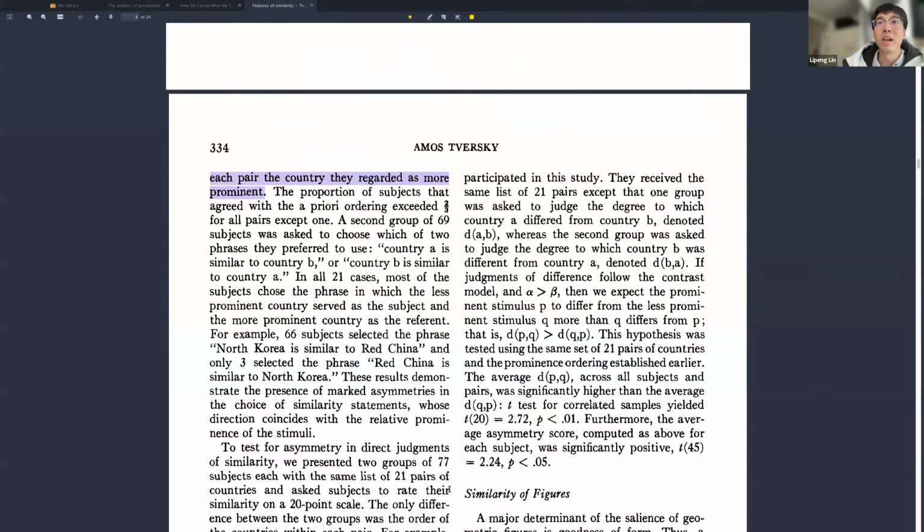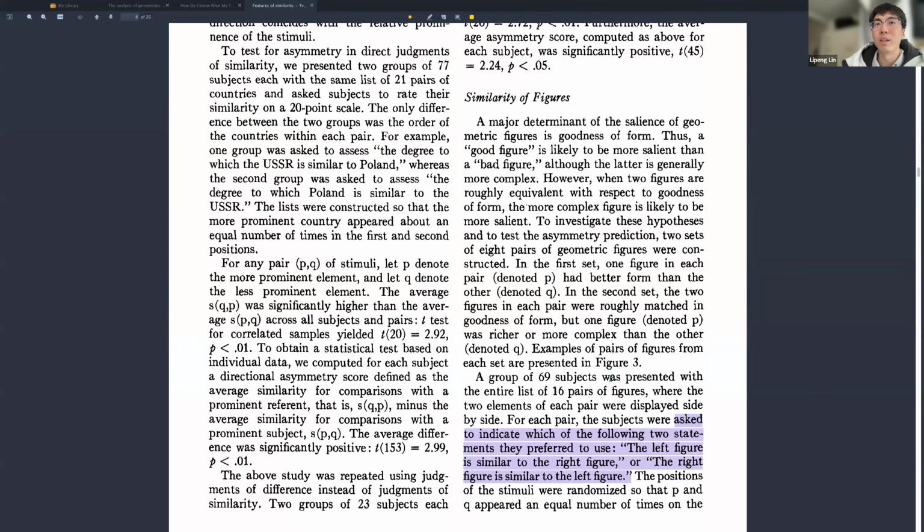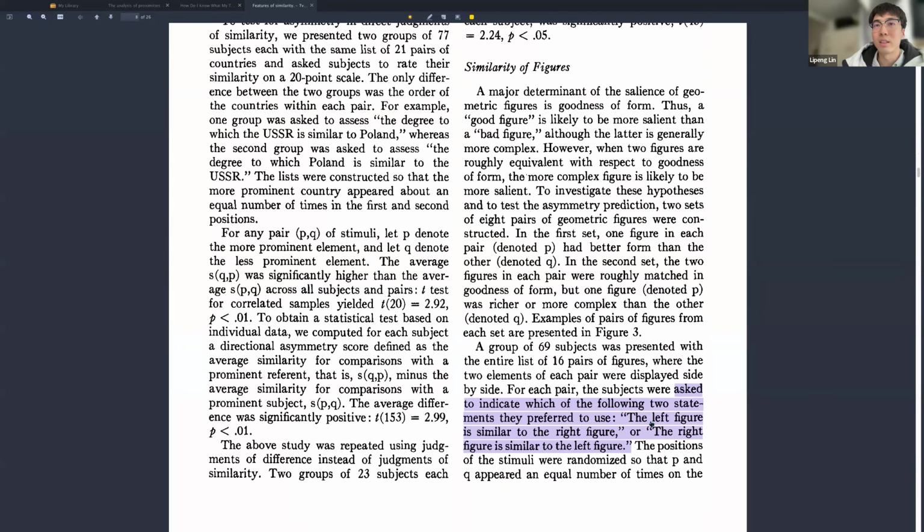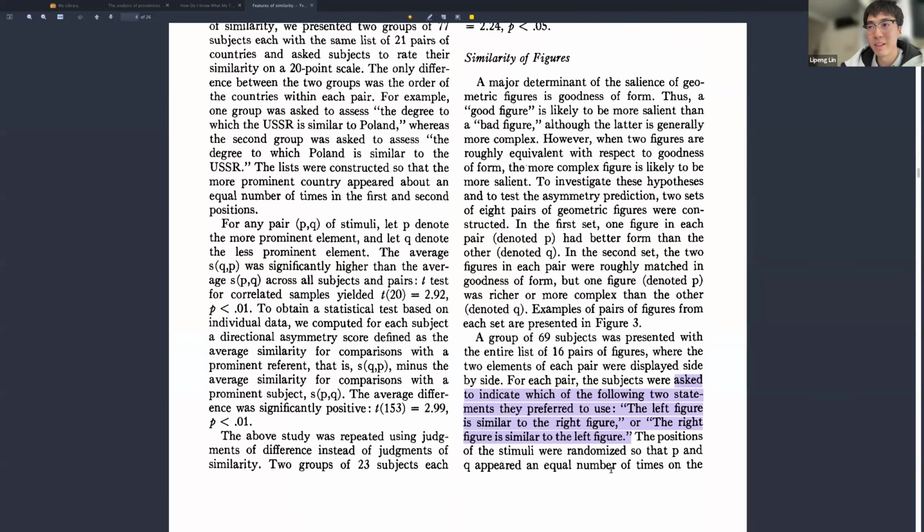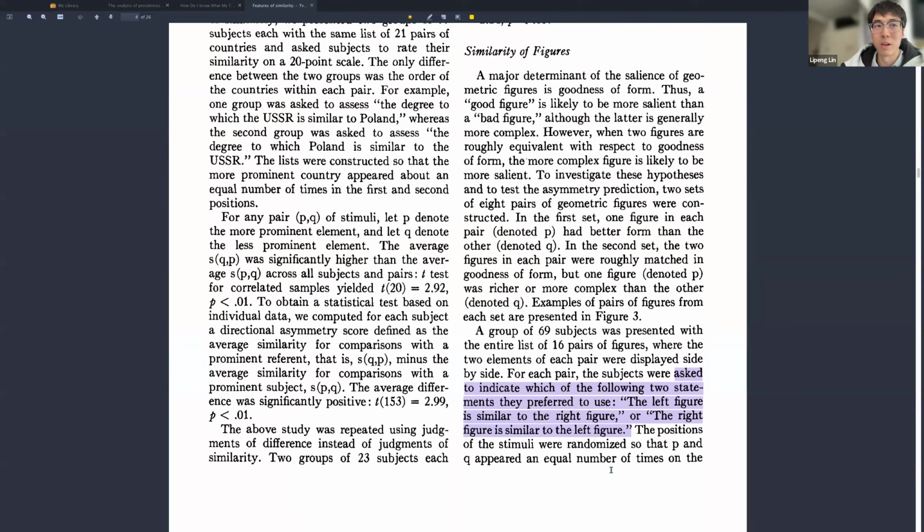So they ask participants to select in each pair the country they regard as more prominent. And in terms of figures, they ask whether the left figure is more similar to the right figure, or the right figure is similar to the left figure, just like whether the son is similar to the father or the father is similar to the son.